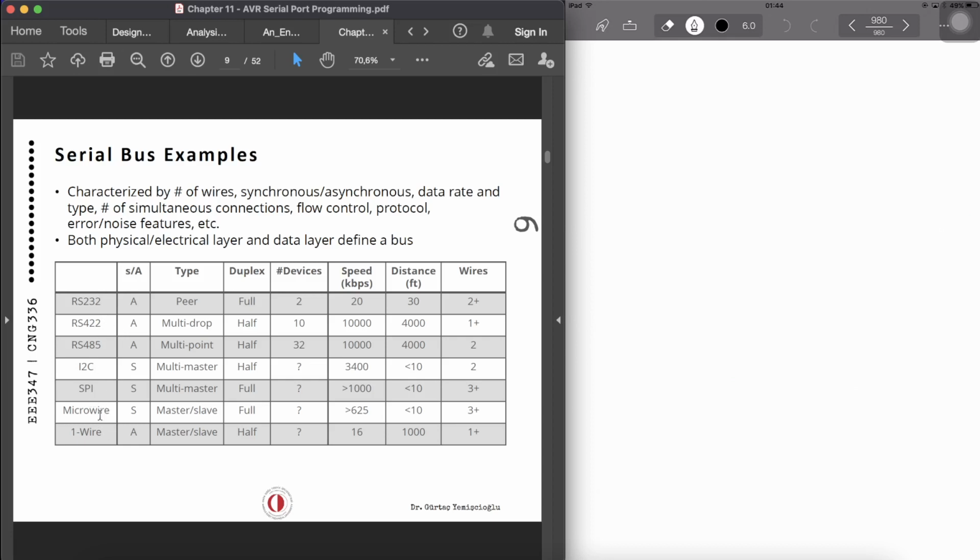These are different communication types, and they have different features like the number of wires used, the communication type, the speeds, which are quite important, and the distance, and so on. You can find them in the data sheets depending on the microcontroller that you are using. They might have different protocols that you can use.